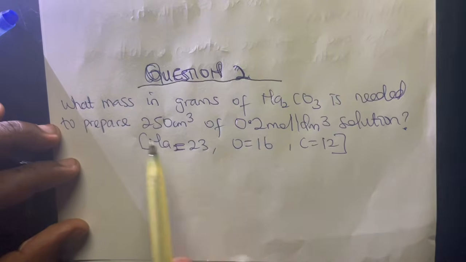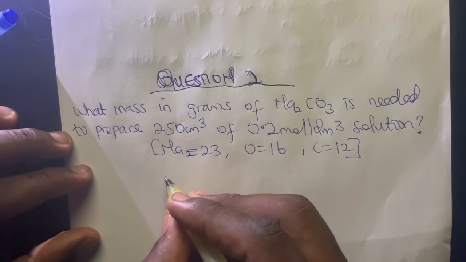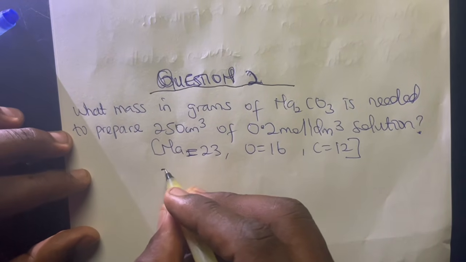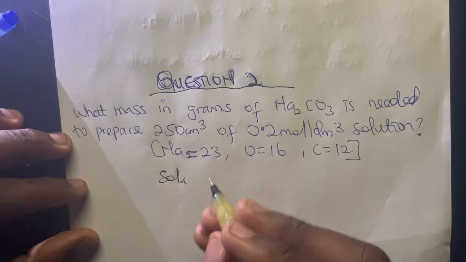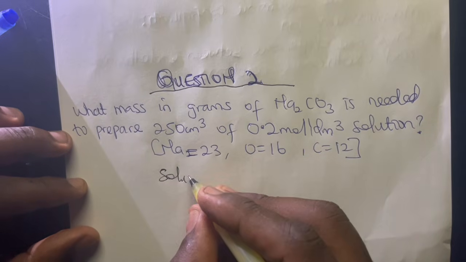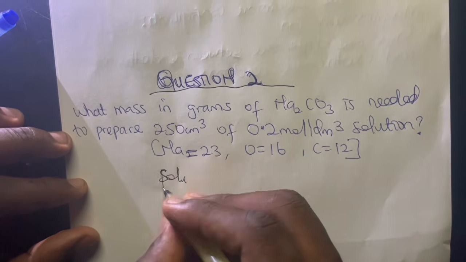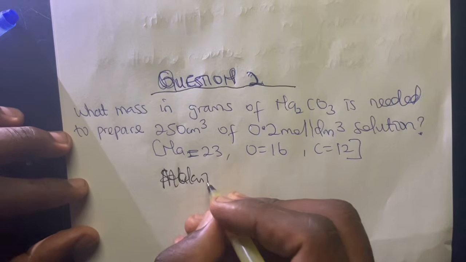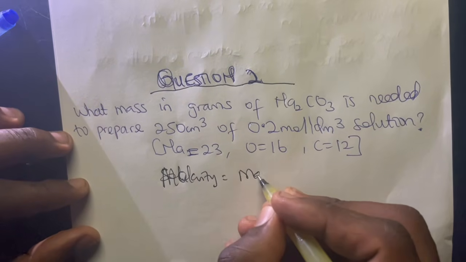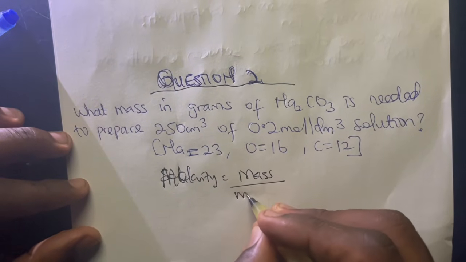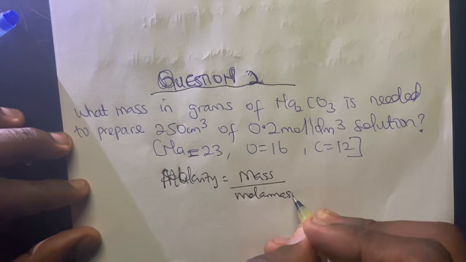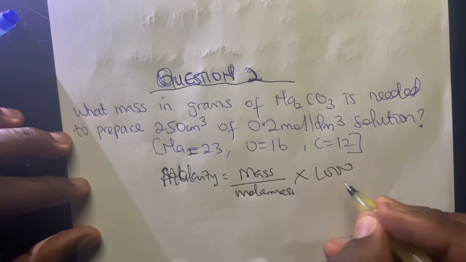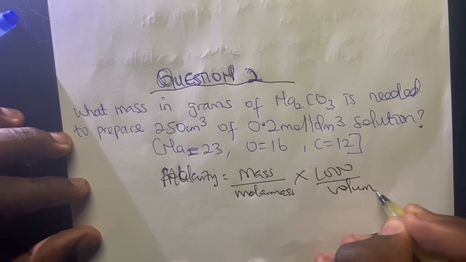Question number 2 says to calculate the mass. This type of question was done in my part 1 video. So solubility or molarity, whichever you call it. Molarity equals mass over molar mass times 1000 over volume. This is the formula.